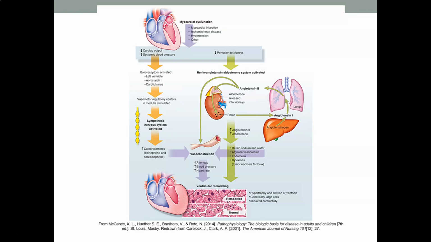Now remember, because cardiac output is the product of the heart rate and stroke volume, when you first have that fight or flight going on and you have that increased heart rate, you have an immediate increase in your cardiac output. But because the heart rate is so fast, when it becomes tachycardic, it's not emptying as well.